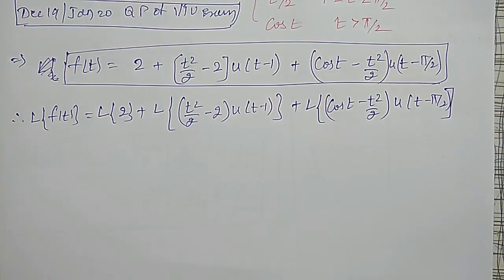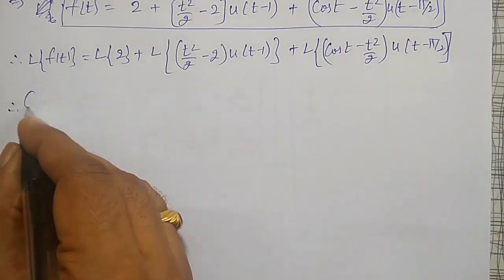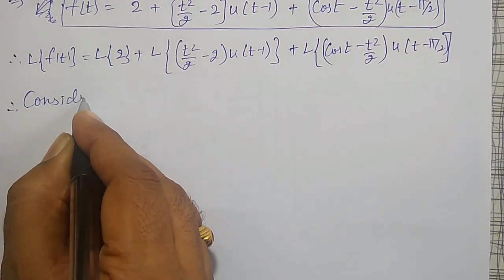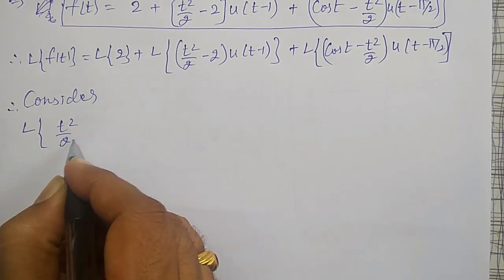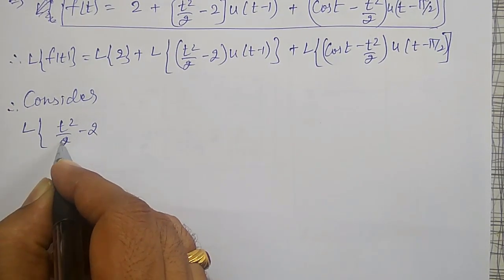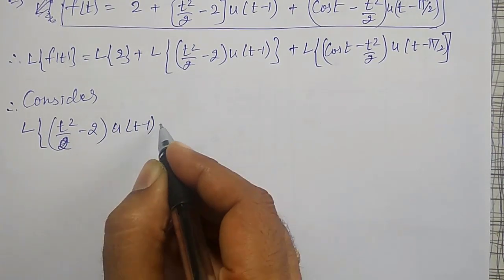For my convenience, let me consider the separate Laplace transforms and then substitute here. Therefore, consider Laplace transform of t square by 2 minus 2 into u of t minus 1.